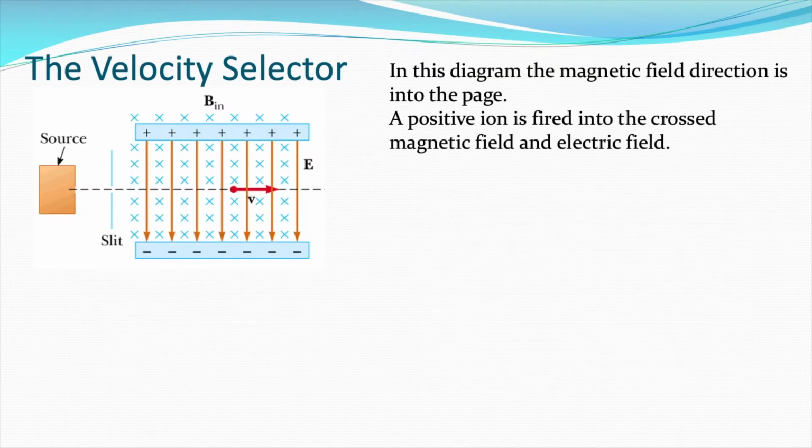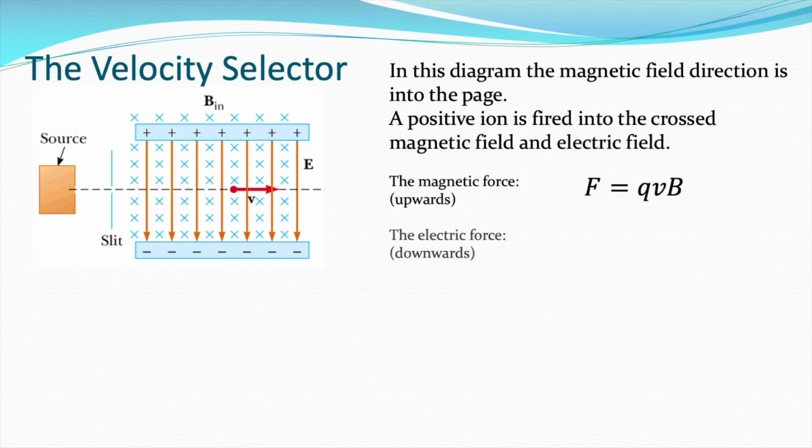So if our magnetic field is into the page and we fire a positive ion into the crossed magnetic and electric field, the magnetic force is upwards due to the right-hand rule. The electric force is downwards. And there are the relationships for the magnetic force, QvB, and the electric force, QE.